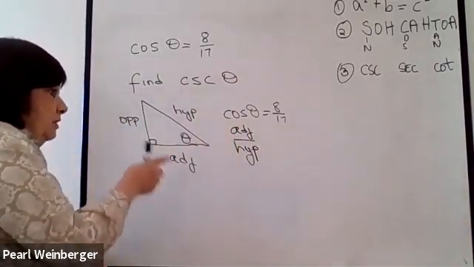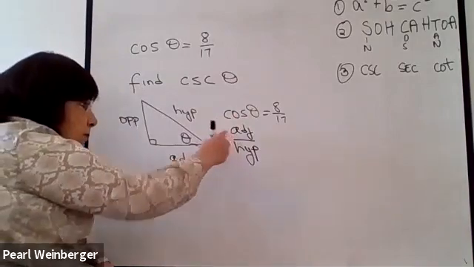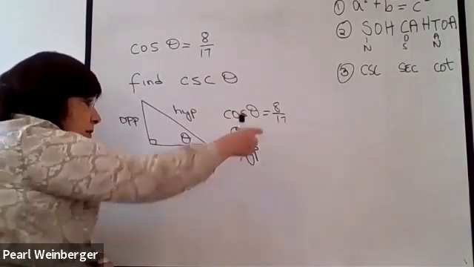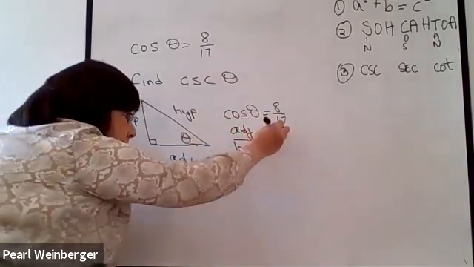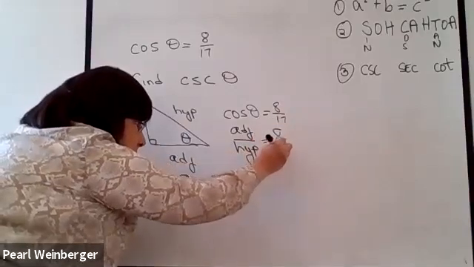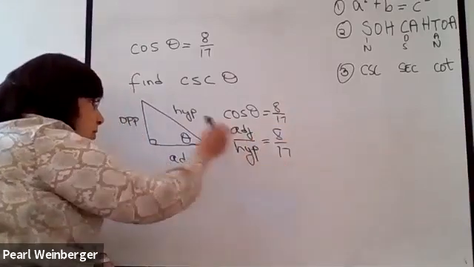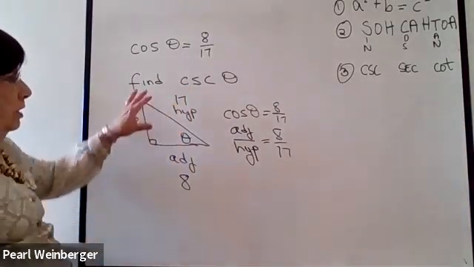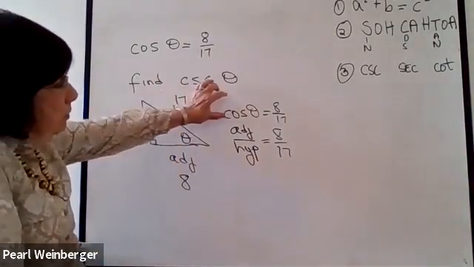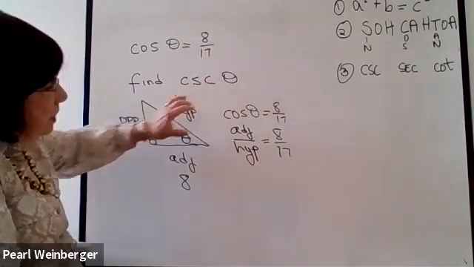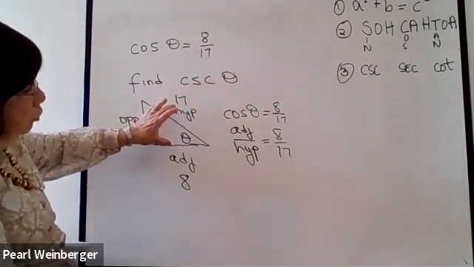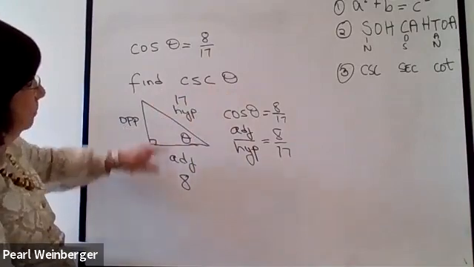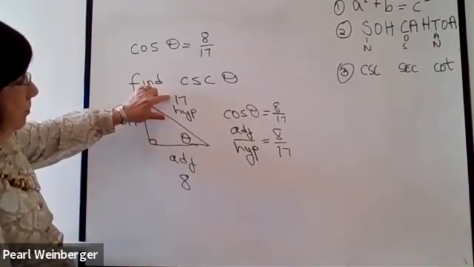So the adjacent side is going to be the 8, and the hypotenuse is going to be the 17. So by telling me what the cosine of theta is, they gave me a right triangle, and they gave me two sides of the right triangle.